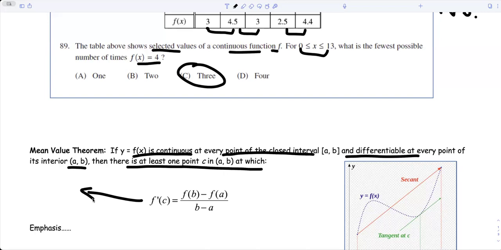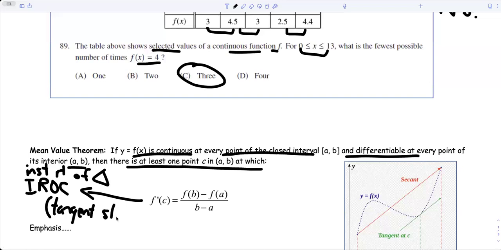Instantaneous rate of change, IROC. Or it's going to be the tangent slope.